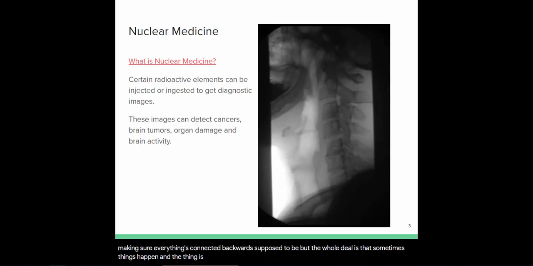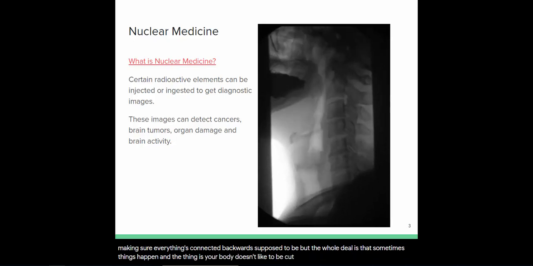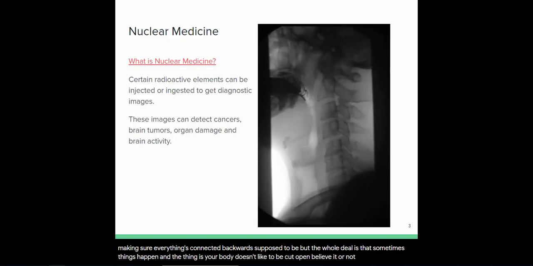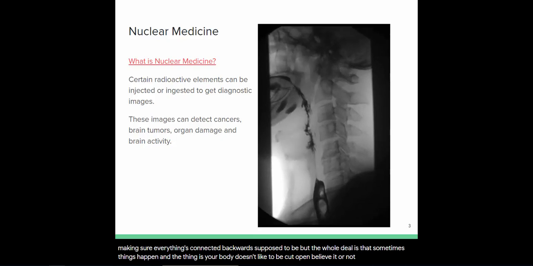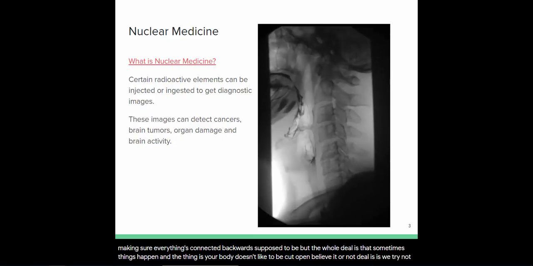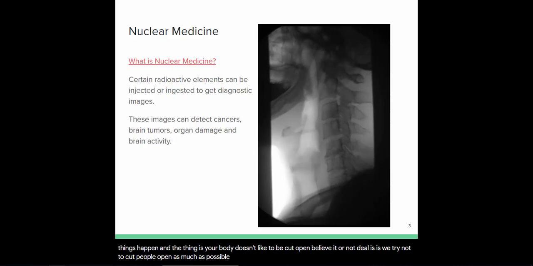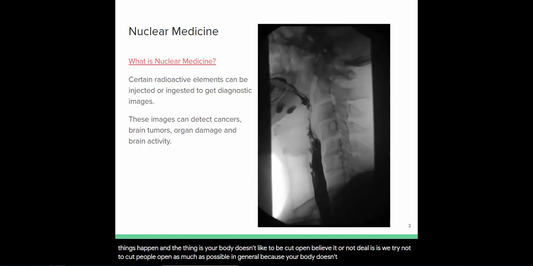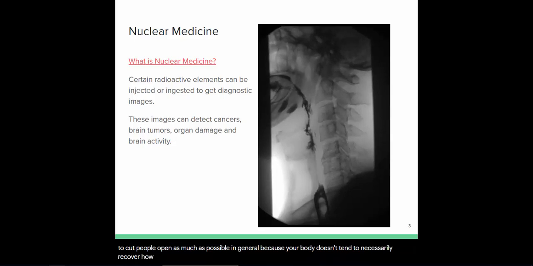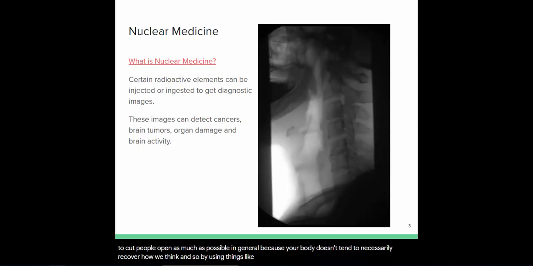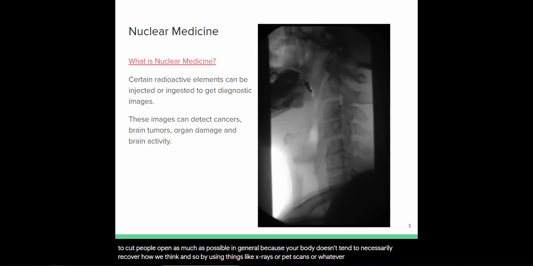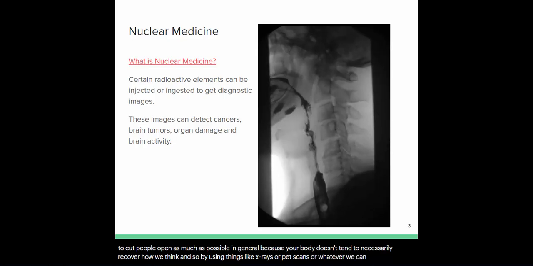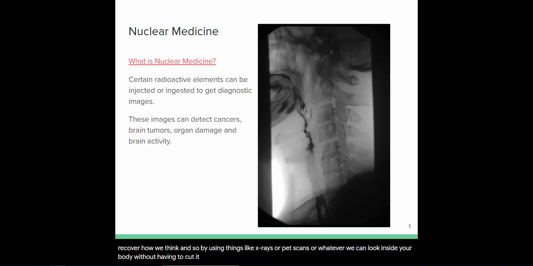And your body doesn't like to be cut open, believe it or not. We try not to cut people open as much as possible, in general, because your body doesn't necessarily recover how we think. And so by using things like x-rays or PET scans, we can look inside your body without having to cut it open.